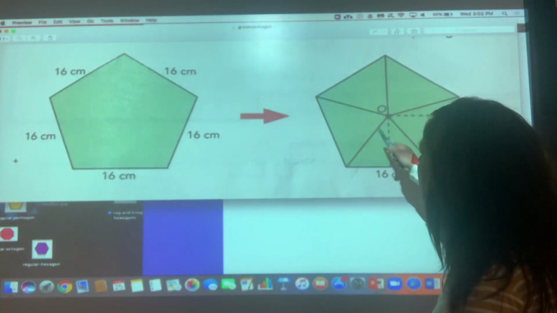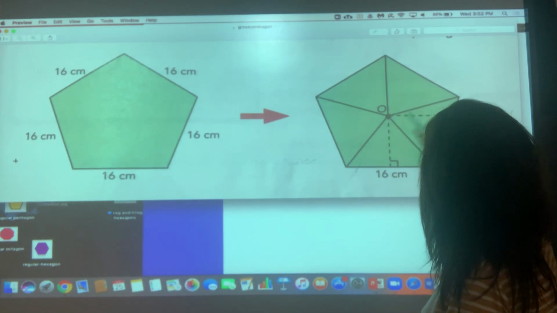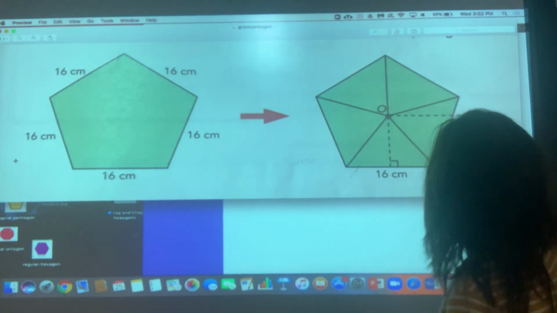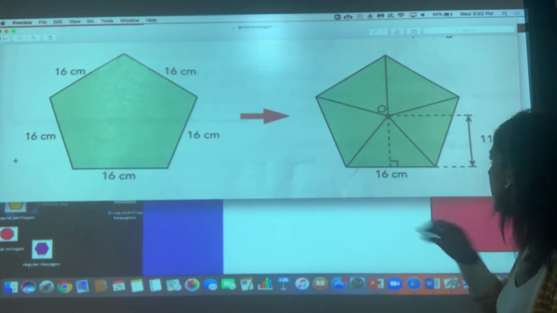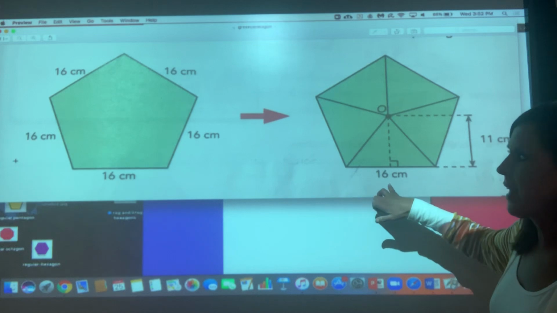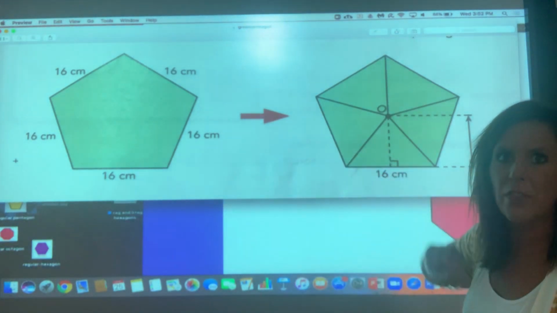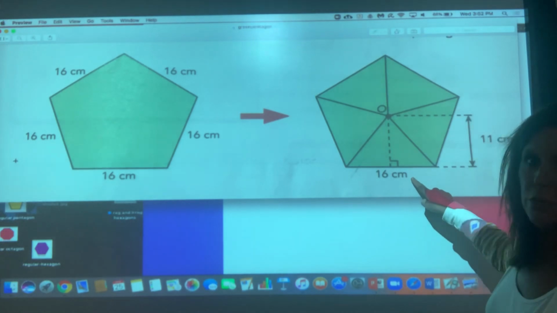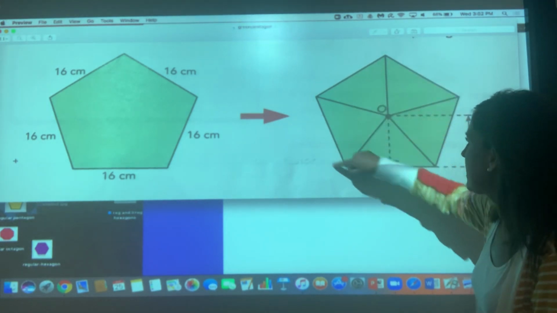And then over here, it's showing that we already know it can be split into 5 identical triangles. Then we're told in the problem that the sides of it are 16. It only has to write that once. Here it's just showing you that they're all 16. You really only need to put it here because then you already know if it's regular that all of these are going to be 16 as well.